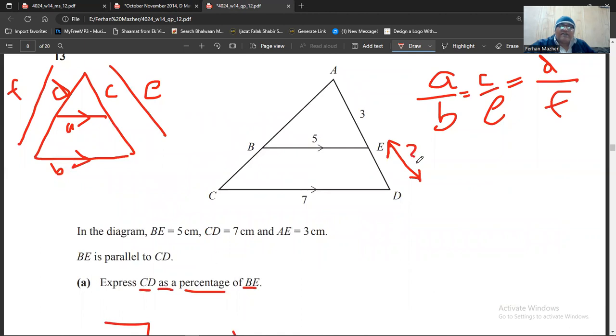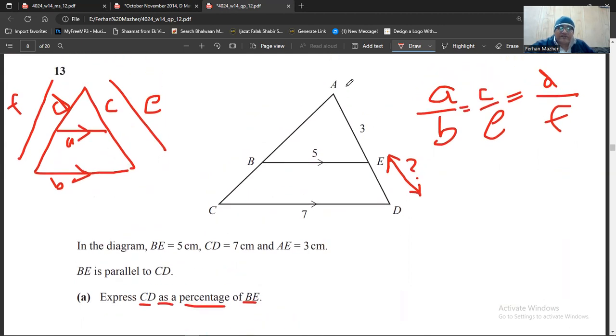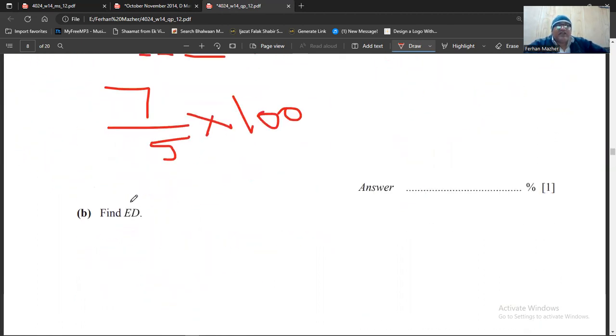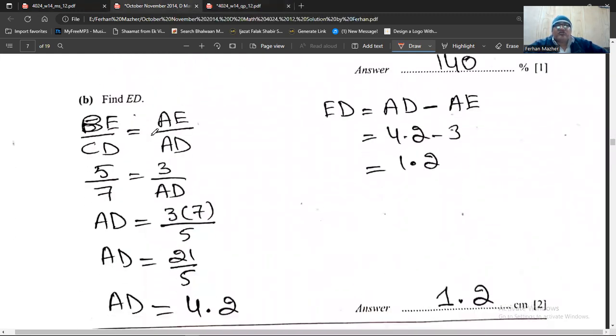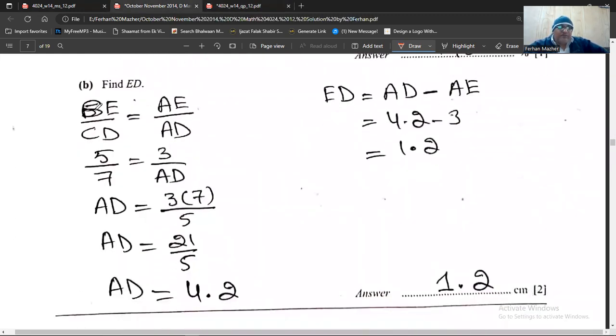You know this small triangle and the big triangle are similar. So I can write 5 by 7 equals 3 by AD. I will find AD, and from AD I will subtract AE, and that will give me ED. So let me show you my solution. BE by CD equals AE by AD.